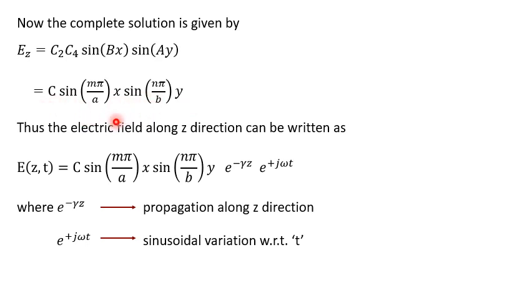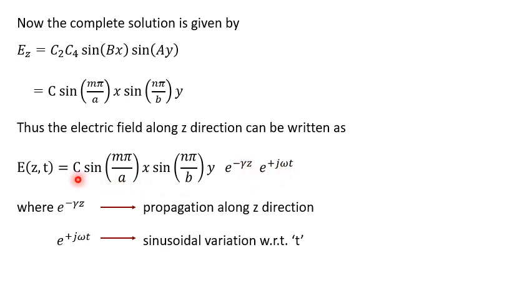If I want to write the expression for the electric field along the z direction, I can write it as E of z comma t, which means it is a function of the direction as well as time, equal to the magnitude component. What is the magnitude component? C sine m pi by a x into sine n pi by b y into e raised to minus gamma z into e raised to plus j omega t.